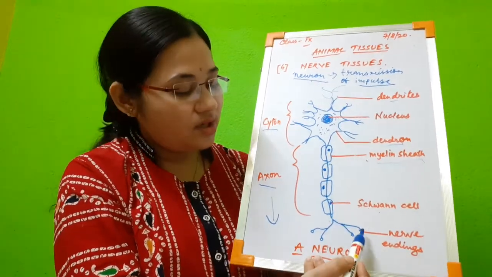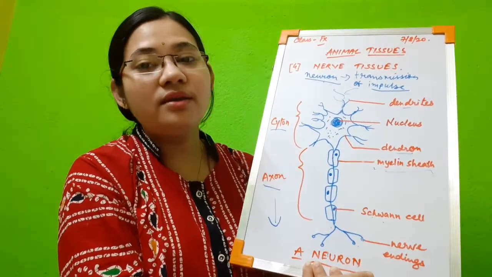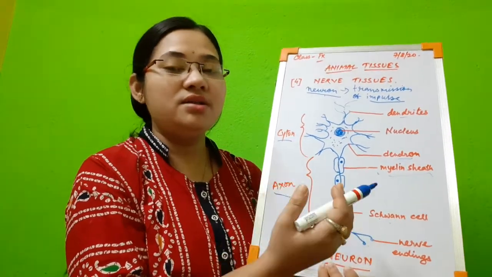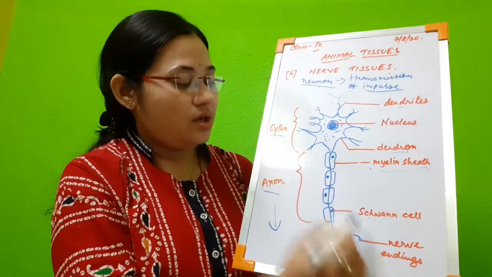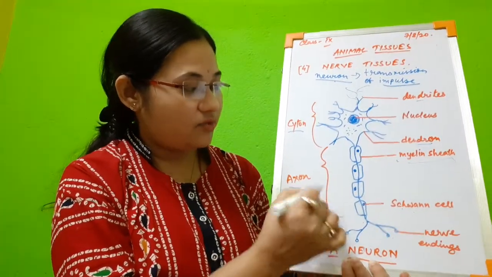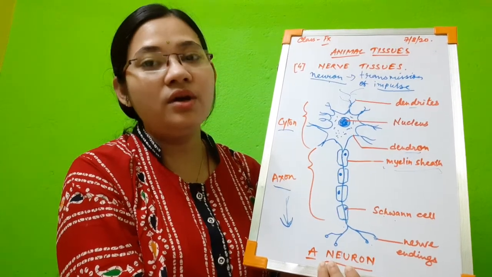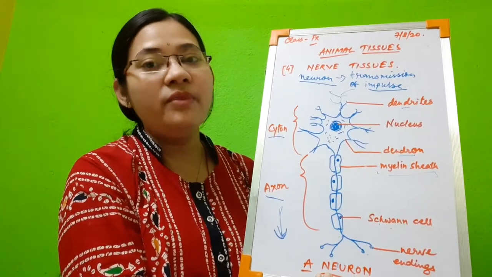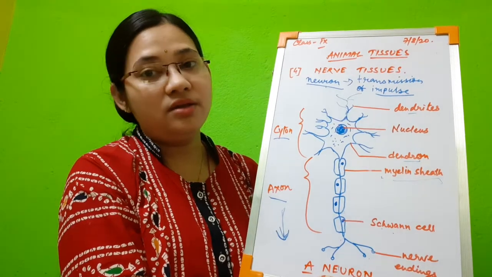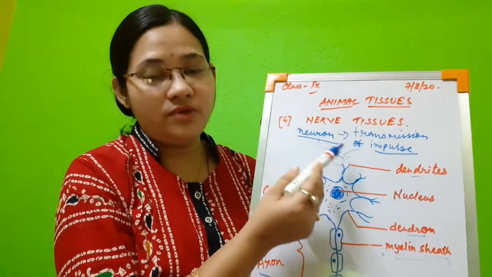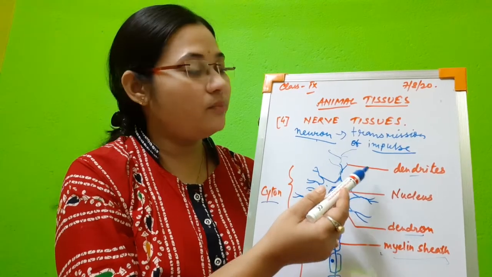So the nerve endings are connected to the next neuron, or they are connected to the muscles or tissues also. Okay, so the conduction of impulse takes place from the cell body towards the axon. This is the direction of the conduction of impulse from one neuron to another. Okay, so this is the characteristic of nerve tissue, that it helps in conduction of impulses.